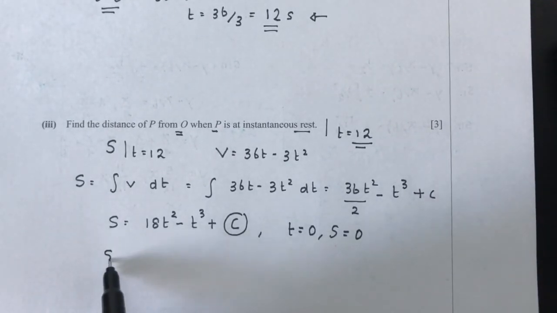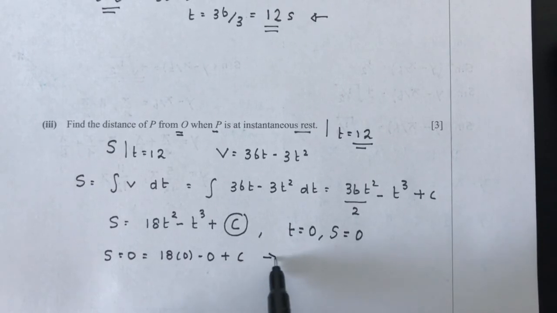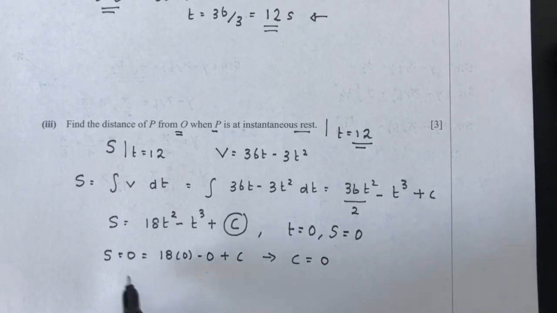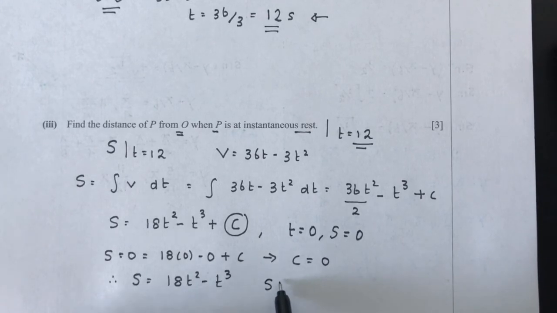So you have s is 0, so that will be 0 equal to 18 times 0 minus 0 plus c. So you can see c will have to be 0. So finally, s will be just this equation. Now we can use this value of s at time equal to 12.